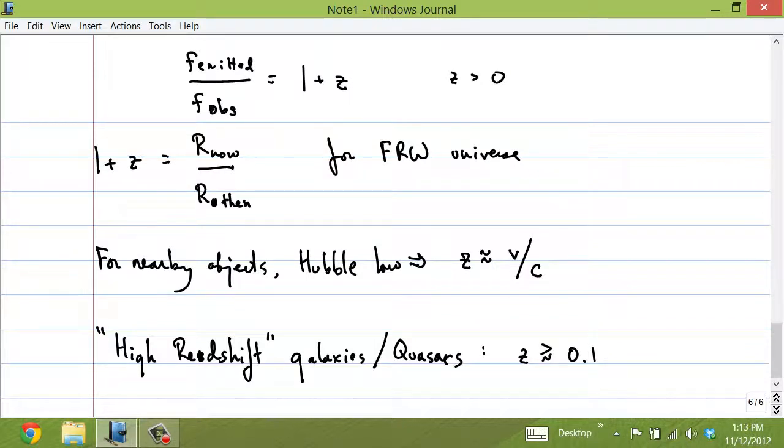So a very distant galaxy that one might observe will have a redshift of about 0.1, so it'll be receding away from us at velocities that are about 1/10 the speed of light.